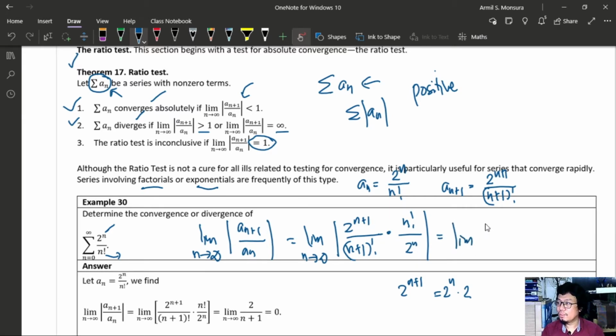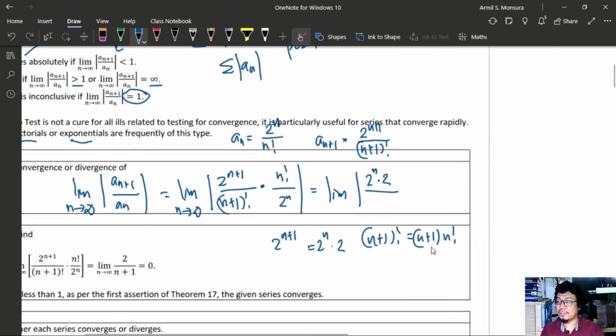So we can write it this way. This is the limit of 2 raised to n times 2. And we also take note that n plus 1 factorial is n plus 1 times n factorial. This basically represents the rest of the factors for the n plus 1 factorial. So we can write it as n plus 1 multiplied to n factorial.